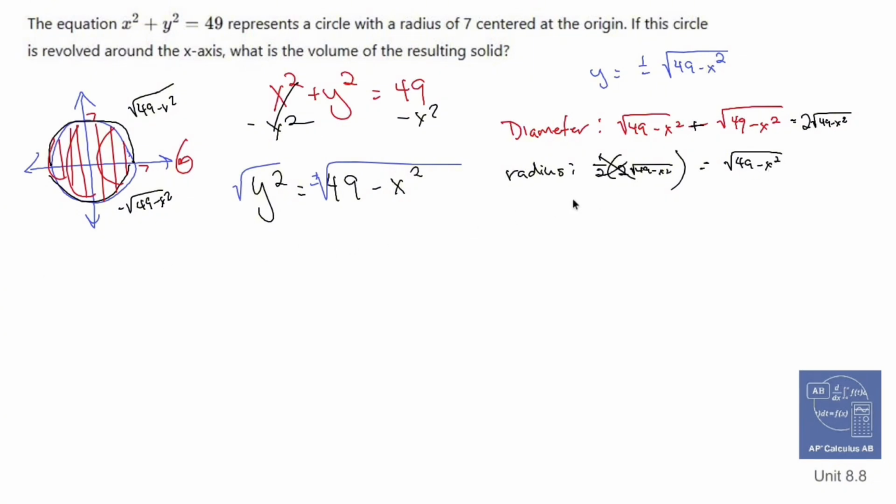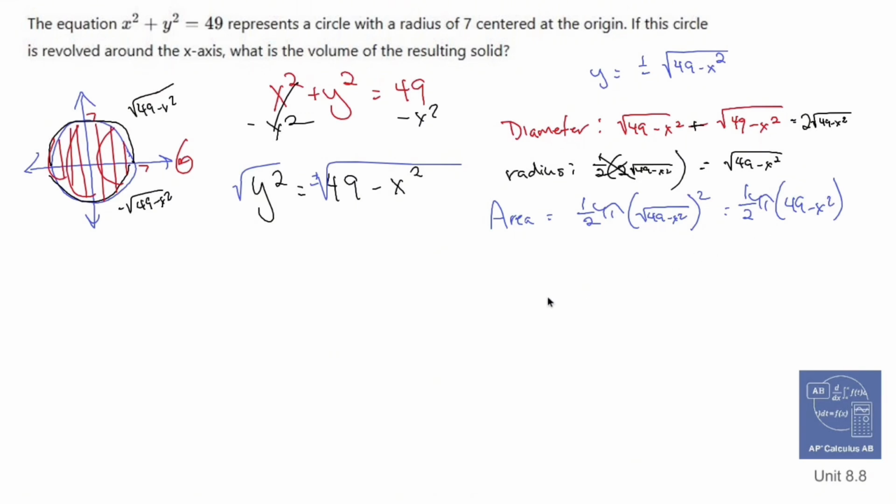Finally, if we're doing semicircles, the area of a semicircle is half of pi r squared. So half of pi times the square root of 49 minus x squared, which is good because the square root and the squared cancel each other out, like so.